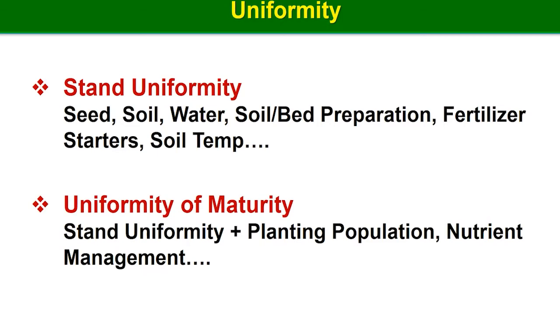Or in nutrient management, if we apply a higher percentage of nitrogen in some area, or we have an excessive amount, let's say based on the variation in soil, we have some fertilizer or nutrient in the soil, and now we are applying flat rate fertilizer. Because of the soil properties, we have some areas, and based on that, we will change the uniformity of maturity.